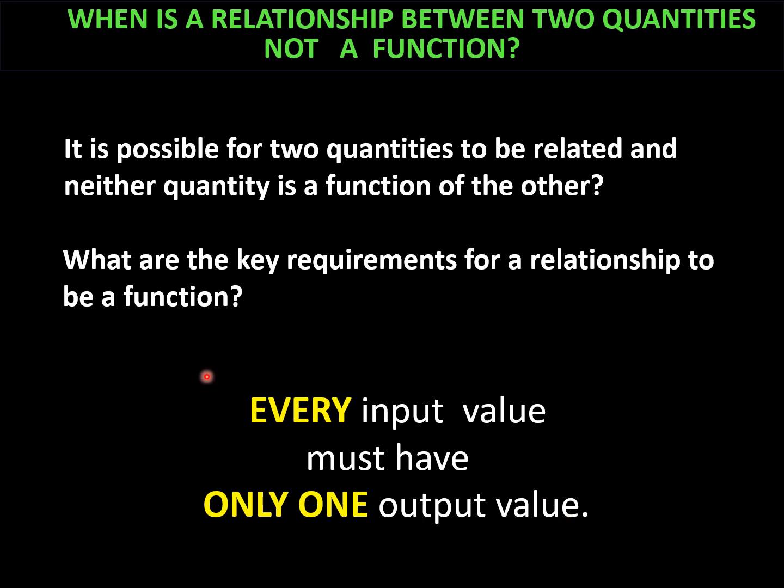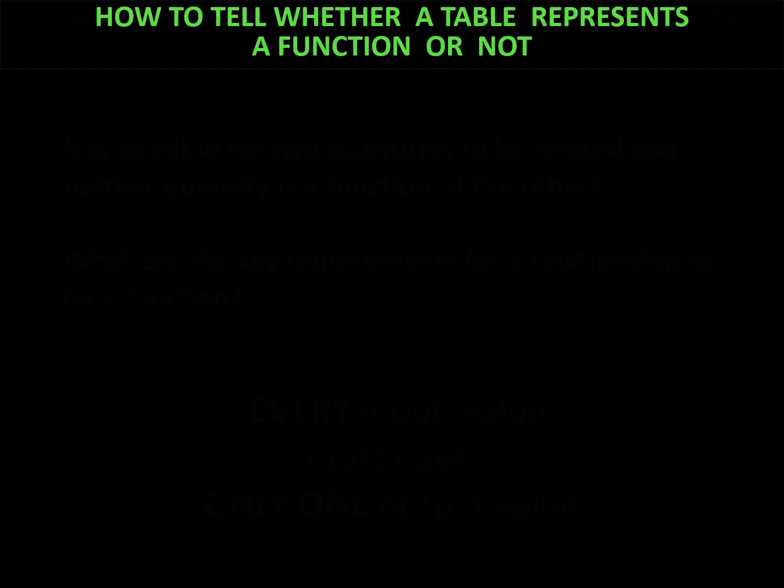So if you input 3, you want one output. If you input another value, let's say 7, you want to have only one output. But if you input, let's say 6, and you don't get an output value, then it's not a function. Or let's say you input 10 and you get 2 output values, then it's not a function.